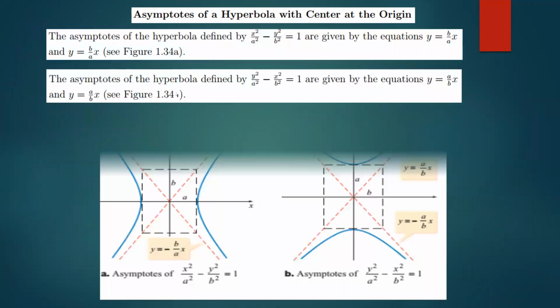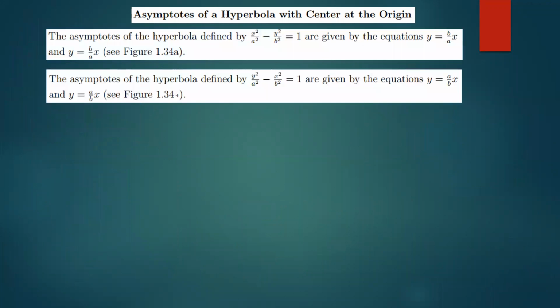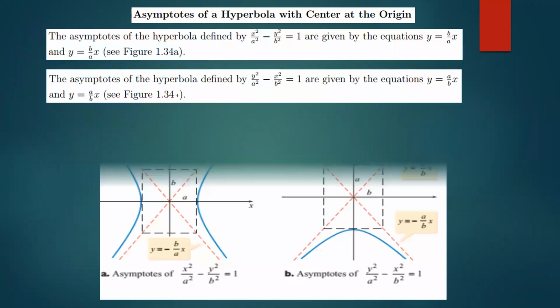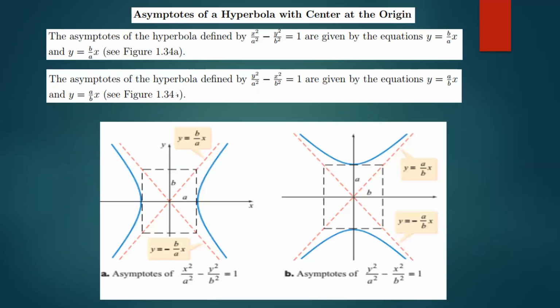So this is what I was just explaining here. These are the equations that I was showing you how to derive. This is the hyperbola with the transverse axis parallel to the x-axis. This is the hyperbola with the transverse axis parallel to the y-axis.